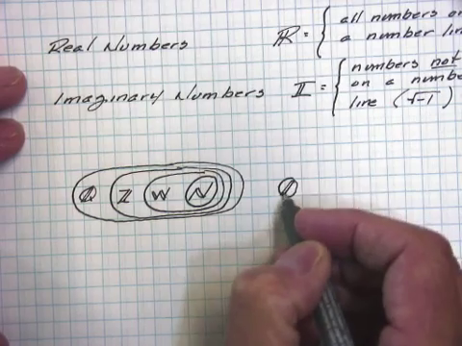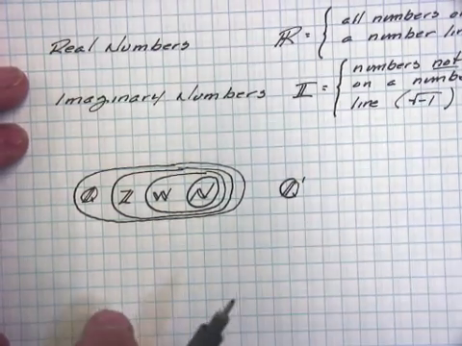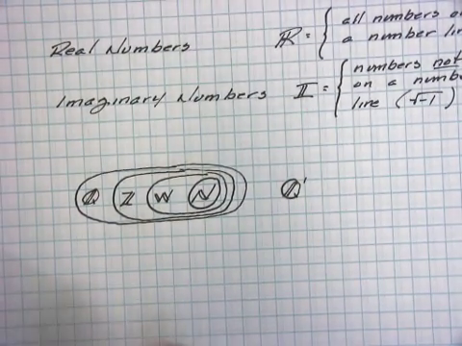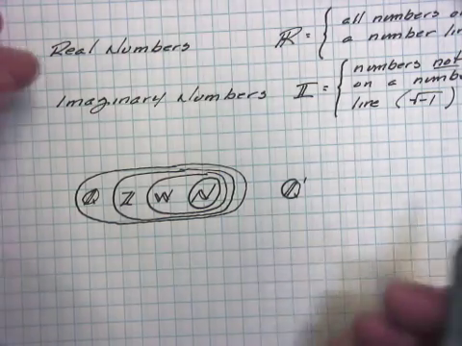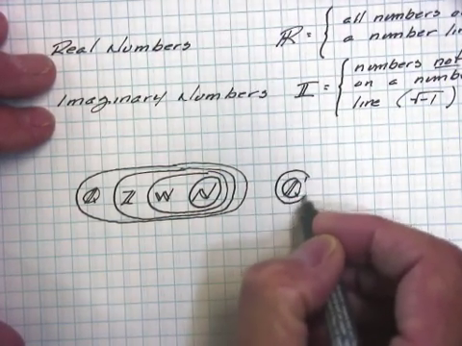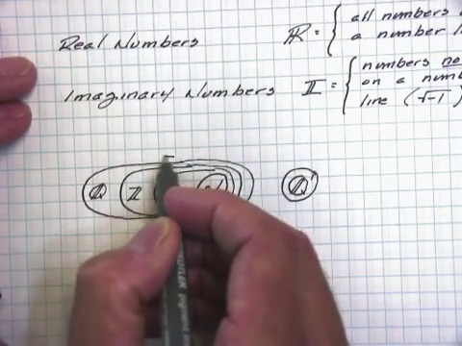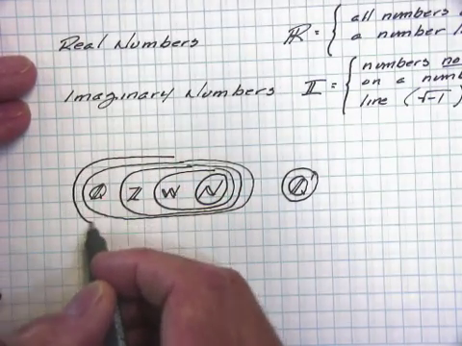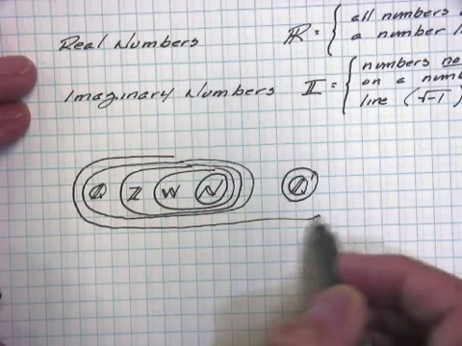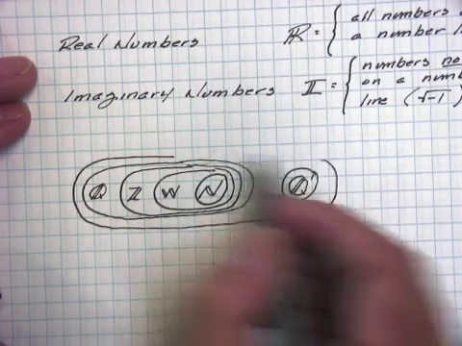Like that, okay? Now, irrational numbers kind of fall outside all this. We've got Q prime, okay? They're out there kind of on their own. All of which, I'll put a circle around that so you see that's a set.